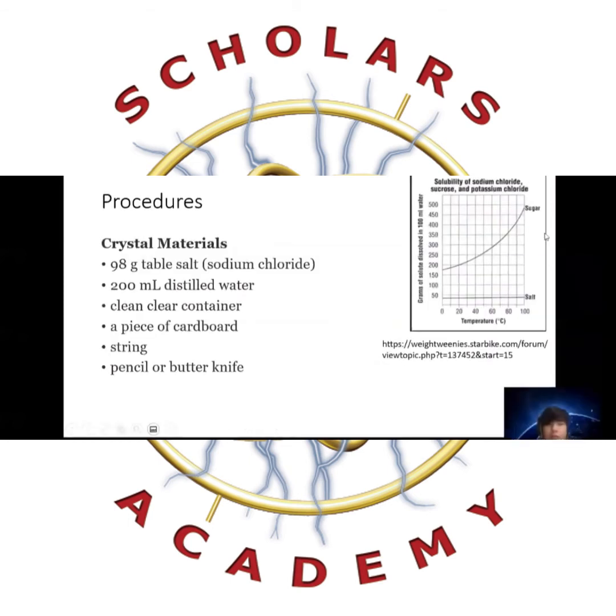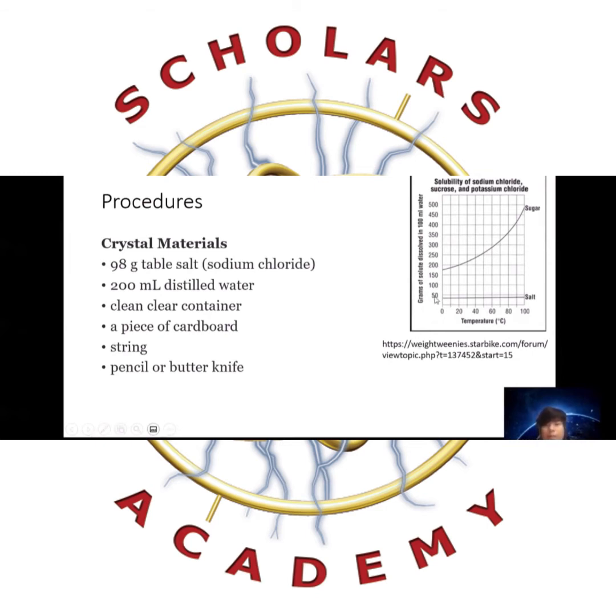So this chart right here, our procedures are based on this chart. We can see this line that's very curvy and another that's kind of a straight line, right? The curvy line represents the solubility change of sugar as the temperature is increased, in terms of grams per 100 milliliters of water, right?